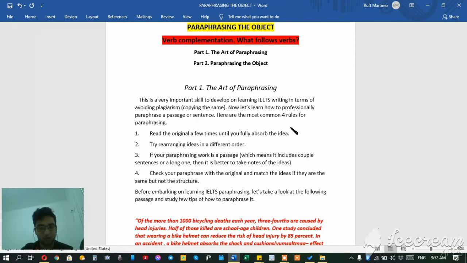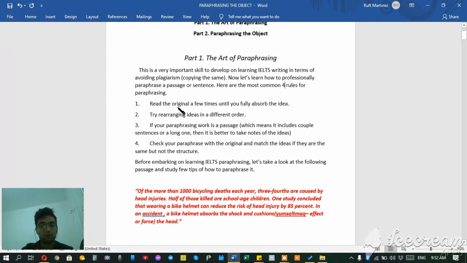This is just the general information, the general trends of paraphrasing. First things first, whatever you're paraphrasing, be it a sentence, a passage or an IELTS question, read the original sentence a few times until you fully absorb the idea.